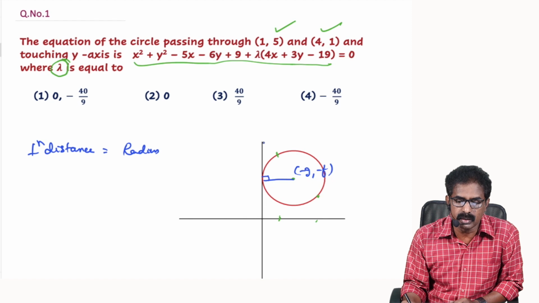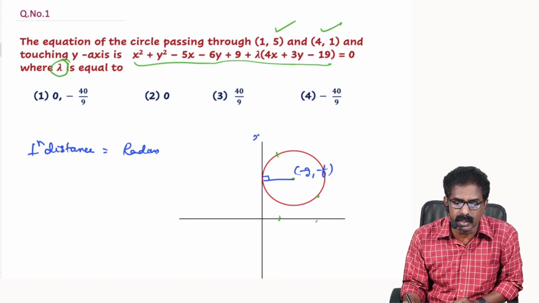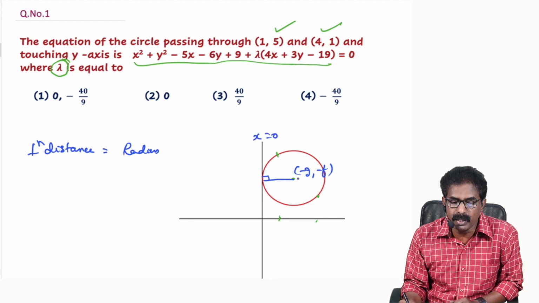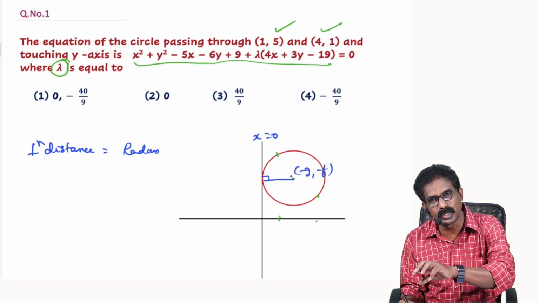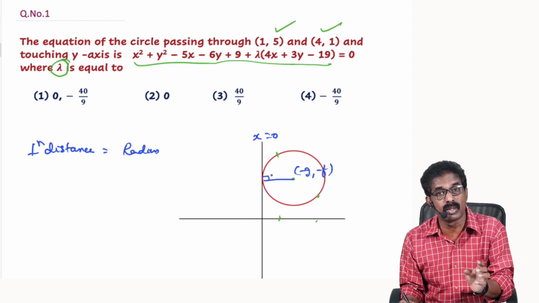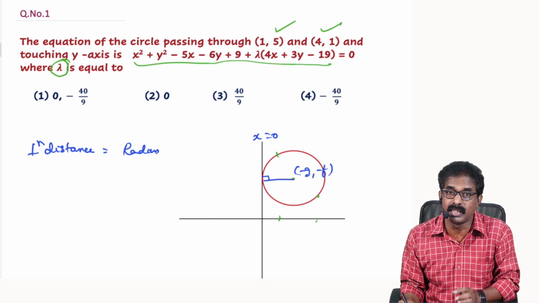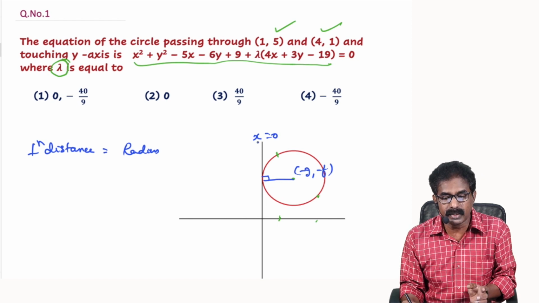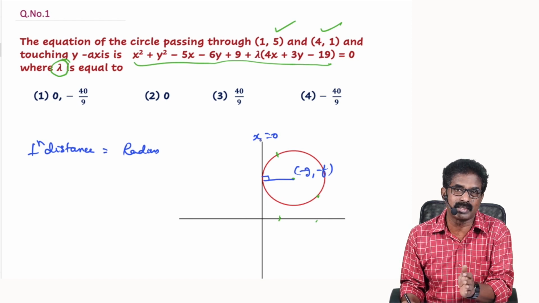The equation of the y-axis is what? x equals 0. Perpendicular distance, I taught today, no? Substitute the point and divide by the root of a square plus b square. So what is the point here? (-g, -f). What is the line? x equals 0. The y term and constant terms are not there.